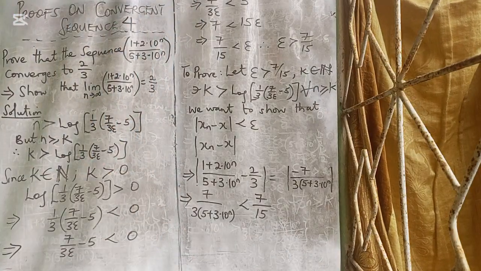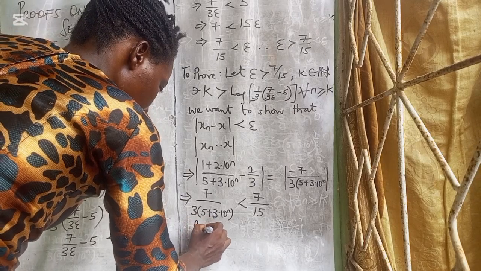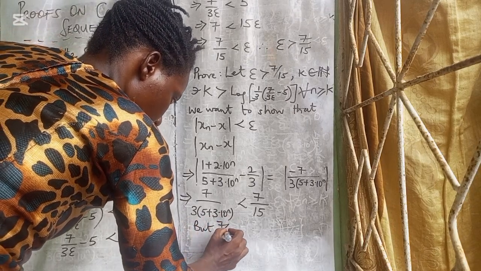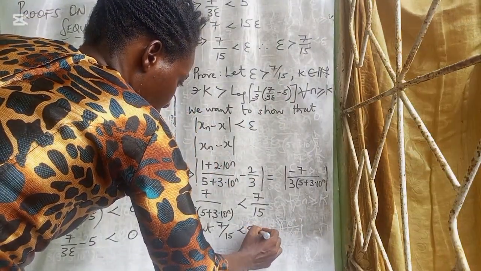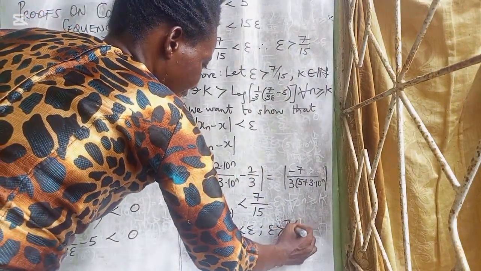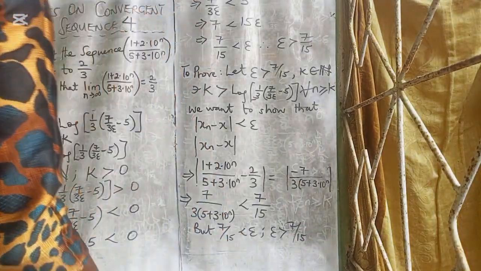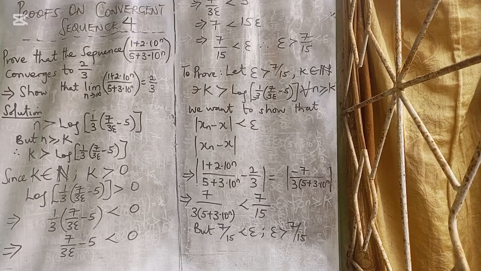But our 7 over 15 is less than epsilon. Since we have said that epsilon is greater than 7 over 15, it means our 7 over 15 is less than epsilon.